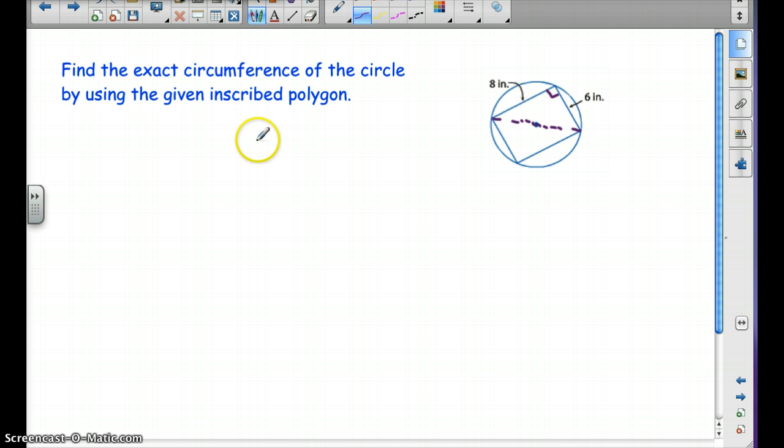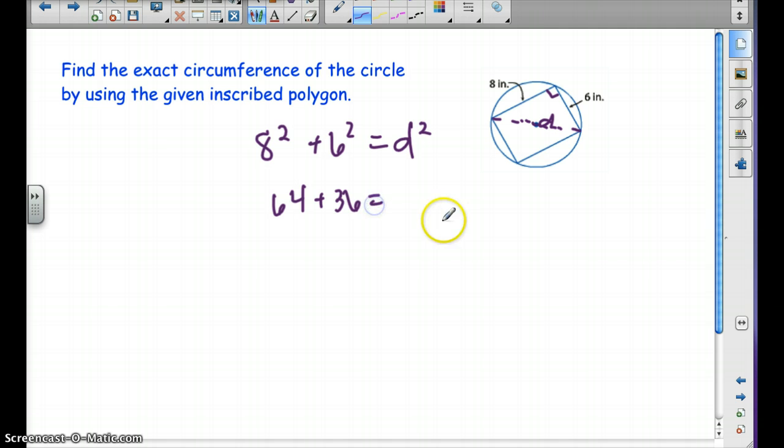So I'm going to use 8 squared plus 6 squared equals, and if you want to use d instead of c, that's fine since it's diameter. And we're going to take 64 plus 36. And when we add those together, we get a nice perfect square of 100. So we're going to square root both sides.